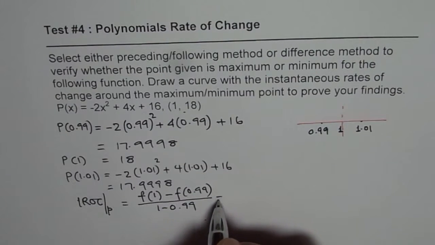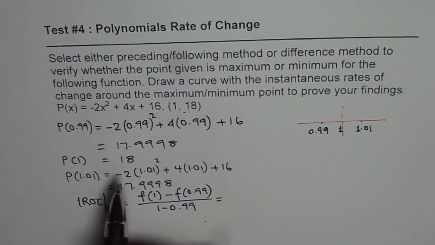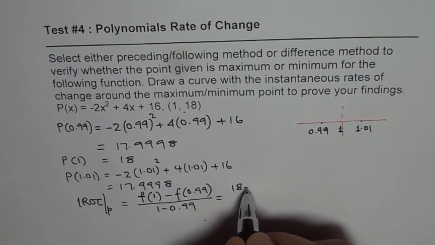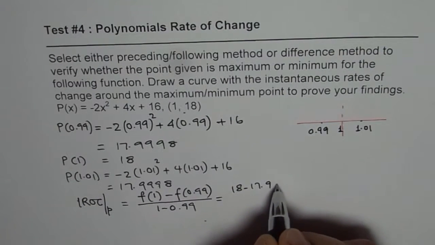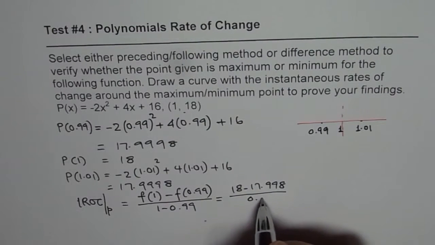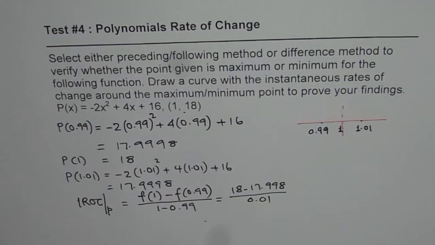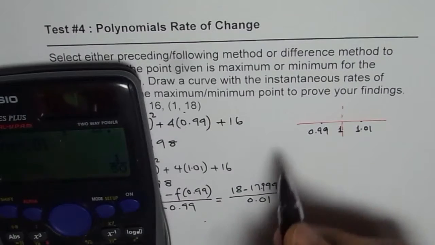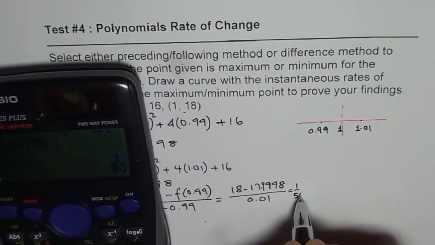So f of 1 is 18, so it is 18 minus 17.998 divided by 1 minus 0.99, which is 0.01, correct? So we can calculate this value. It is 0.002 divided by 0.01. It is 1 over 50. So it is 1 over 50 for us, correct?